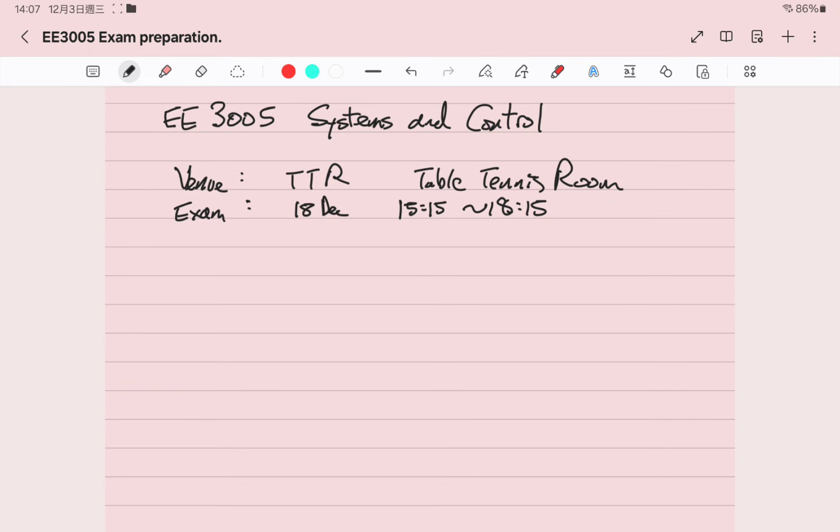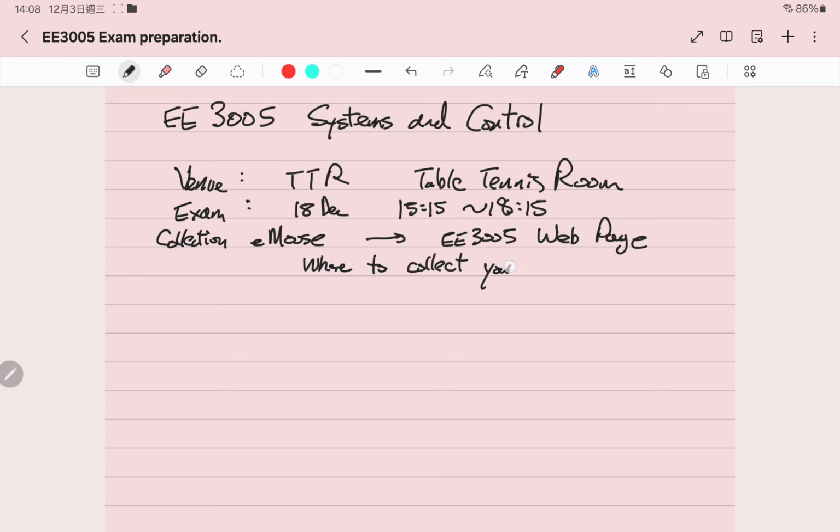Right. So the next thing is the projects. Now, for the collection of the emails, you go to the EE3005 web page, and there is an announcement on where to collect your emails. If you don't want to collect them, it doesn't matter.